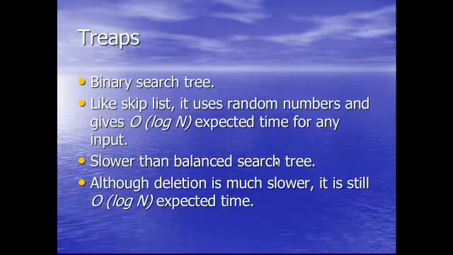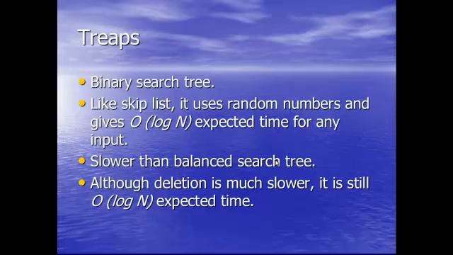Now, what is a treap? It is also a binary search tree and has one property different from the other types of trees. Each node in the treap stores an item, a left and right pointer, and a priority that is randomly assigned when a node is created.